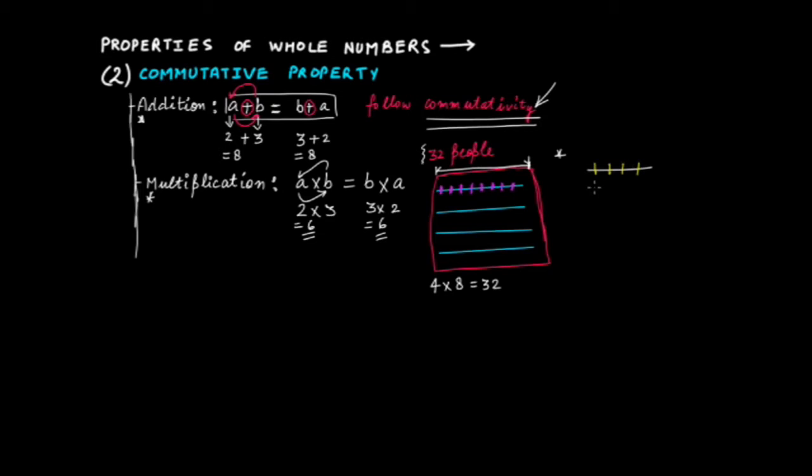You would say, okay, we don't have any restriction on the number of rows, we have a restriction only on the number of chairs within a row, and that is 4.